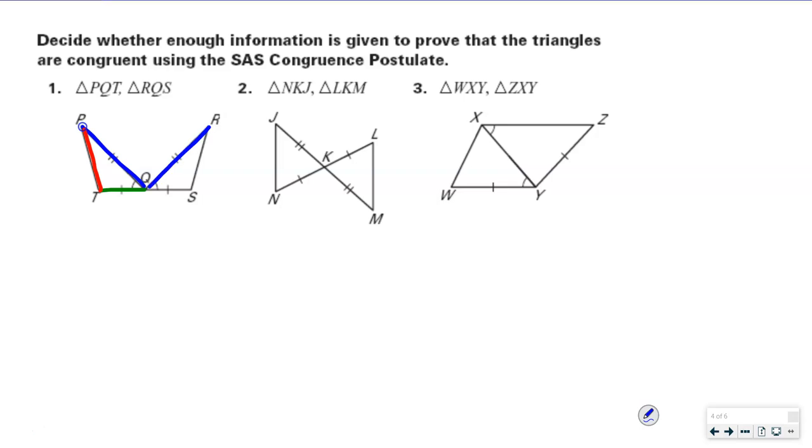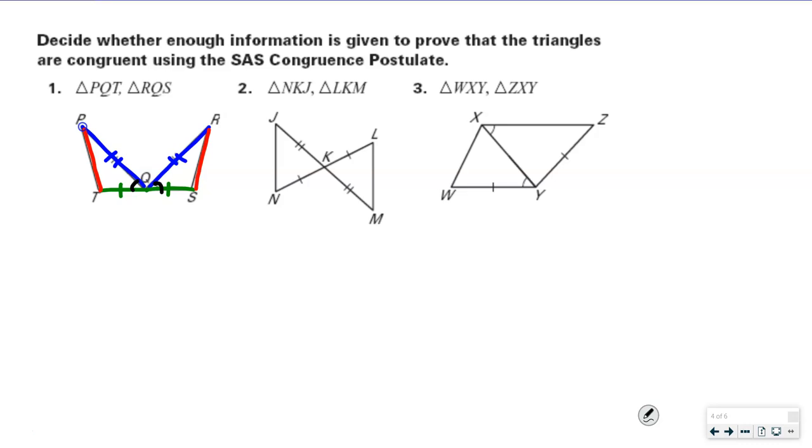R to Q, Q to S, and S back up to R. And we can see our congruent marks there and there. Those blue sides are congruent, the green sides are congruent, and we also have our congruent angles.